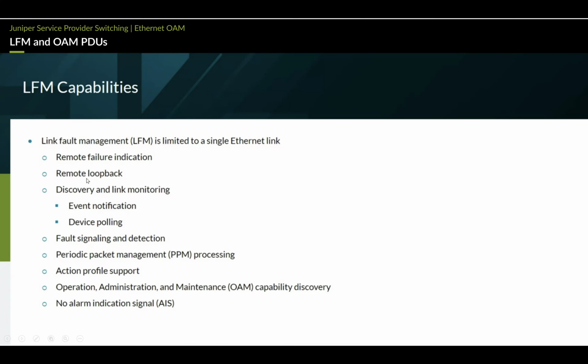There are some additional features: remote failure indication, remote loopback, discovery and link monitoring, event notification, device polling, fault signaling and detection, periodic packet management, processing, action profile support, OAM capability discovery, and alarm indication signal. Everything happens under LFM.